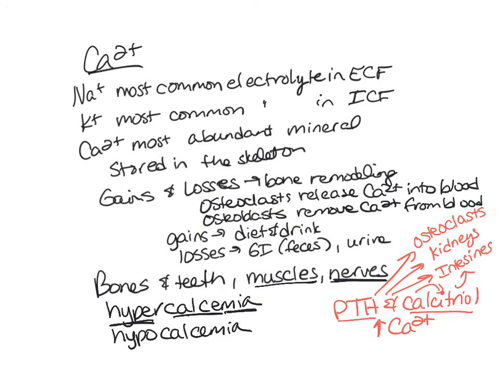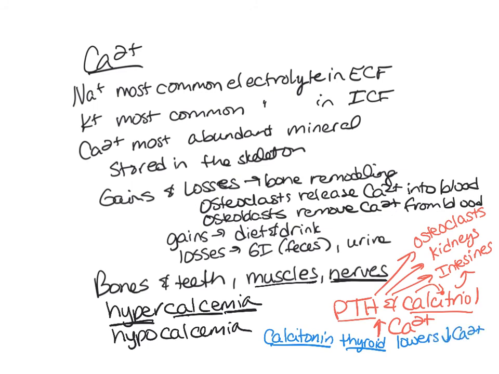On the other hand, the hormone called calcitonin is secreted from the thyroid gland. Calcitonin lowers calcium levels in the blood, or decreases calcium levels in the blood.